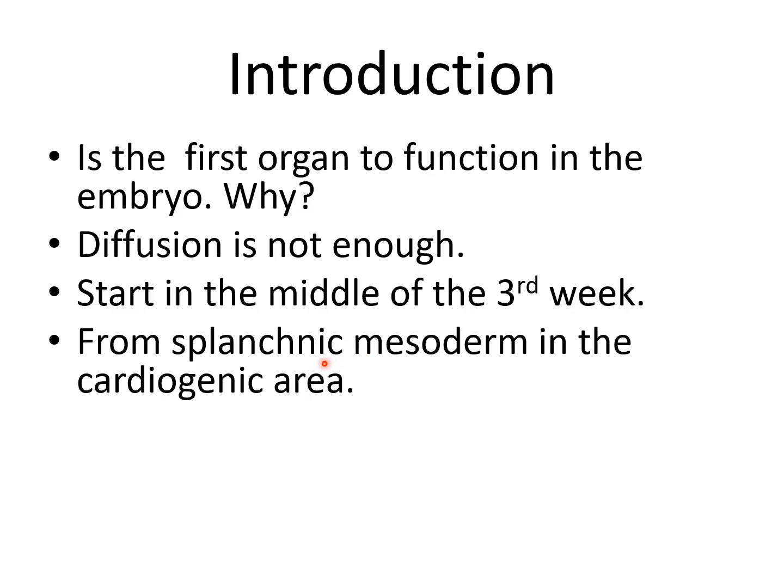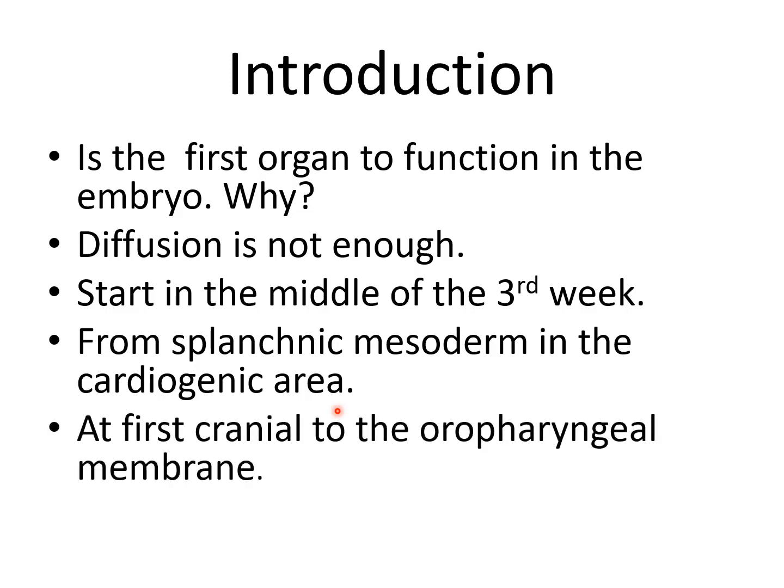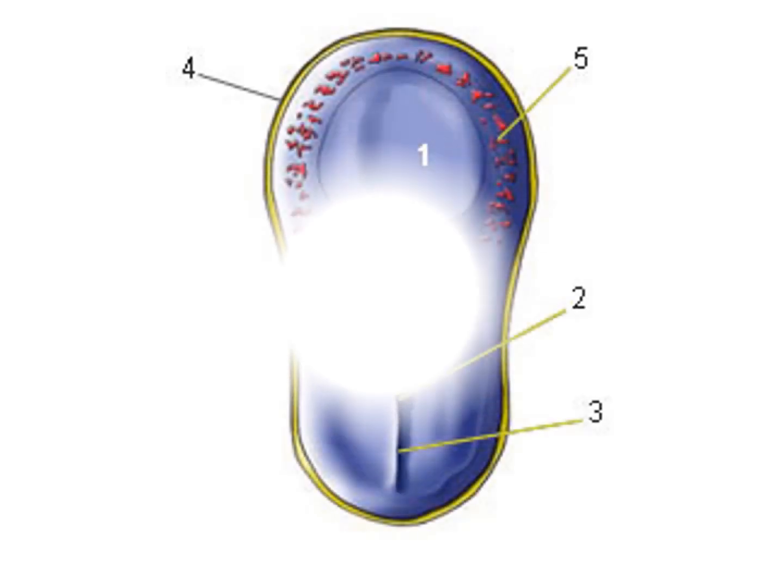The heart will start to develop from the splanchnic mesoderm in the developing area, which we call the cardiogenic area. So we have the cardiogenic area from which the heart will develop. The heart will develop at first cranial to what we call the oropharyngeal membrane. I will show you a diagram for this.